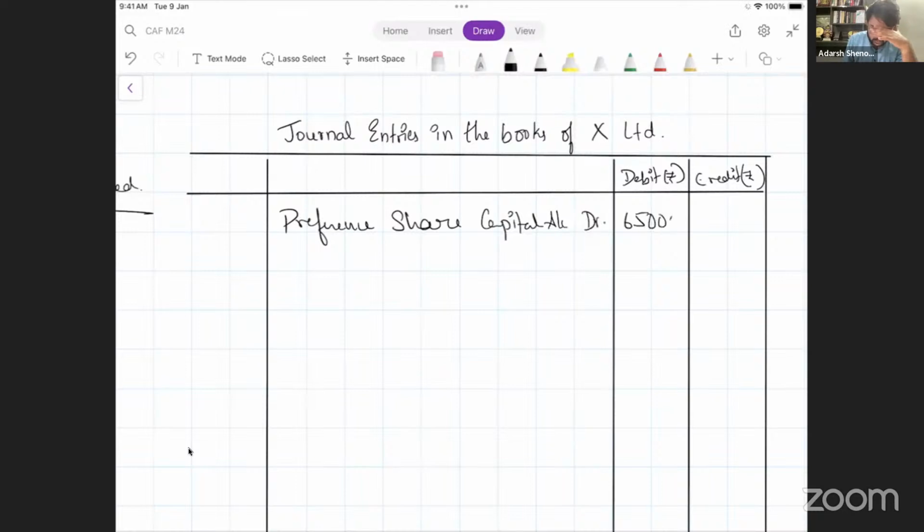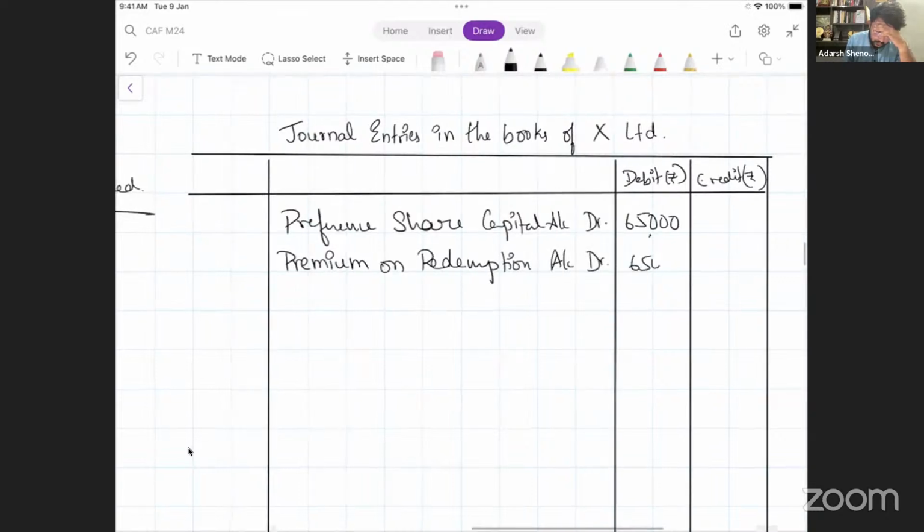There's premium on redemption, 10%, to preference shareholders 71,500.